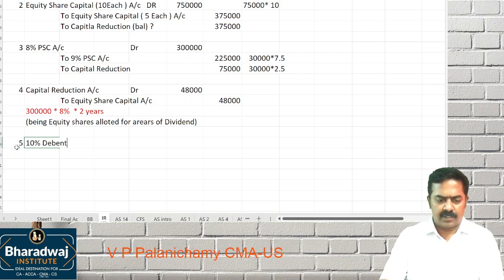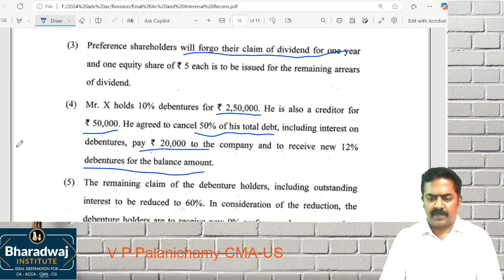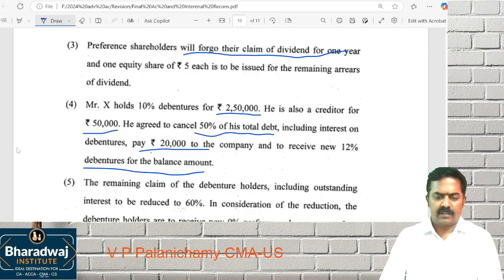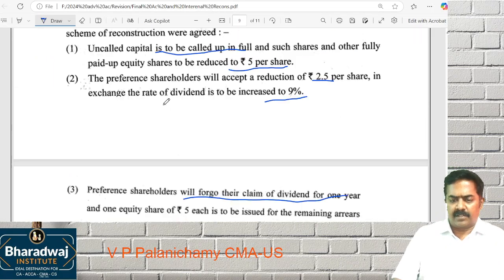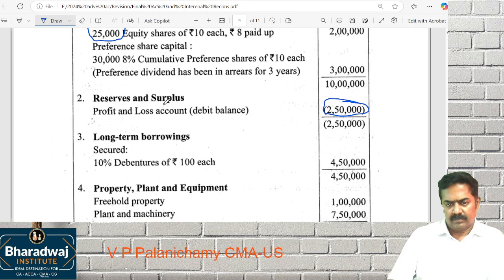10% debentures account debit, 2 lakh 50,000. Then creditors account debit 50,000. Then what will be the outstanding interest?